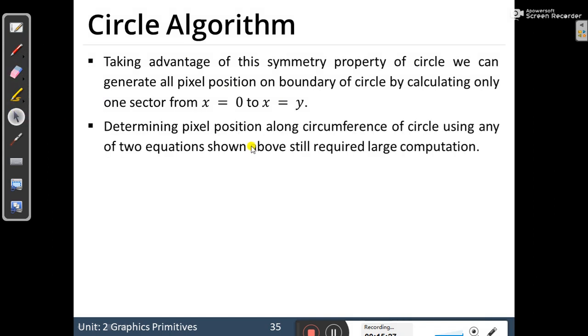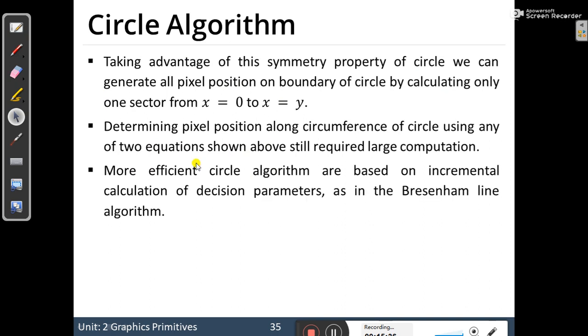Determining pixel positions along the circumference using either of the two equations shown above still requires large computation. A more efficient circle algorithm is based on incremental calculation of a decision parameter, as in the Bresenham line algorithm.